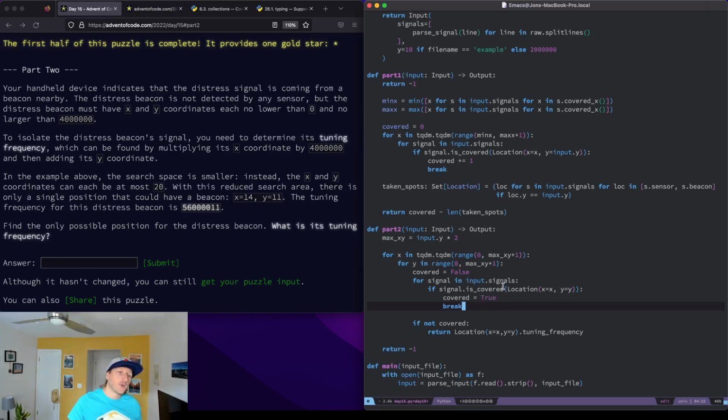When it's covered, we check how many y's are covered, and then we just increment by that, and then we start over. Once we get to the end of the line, we start over, right? That actually sounds like it'll speed us up quite a bit. So I'm going to try that.